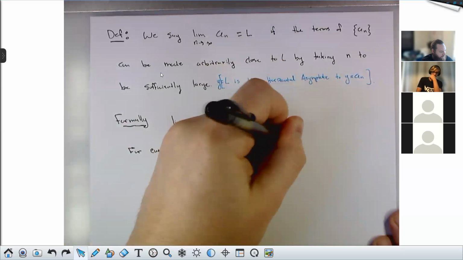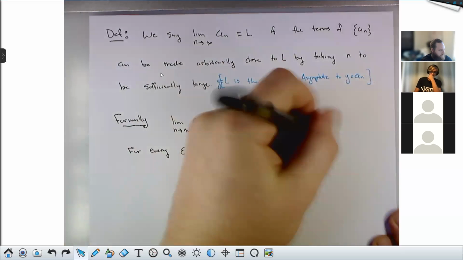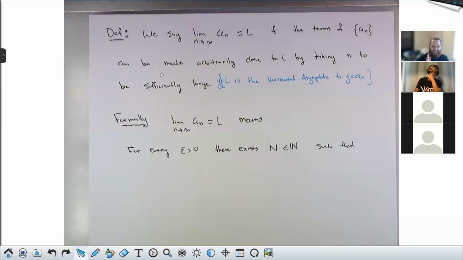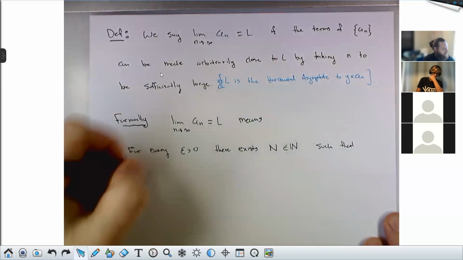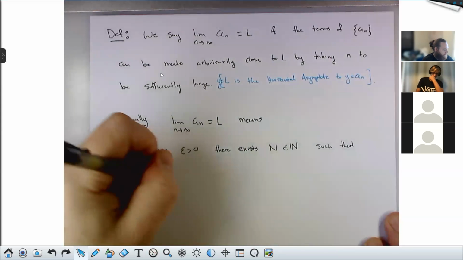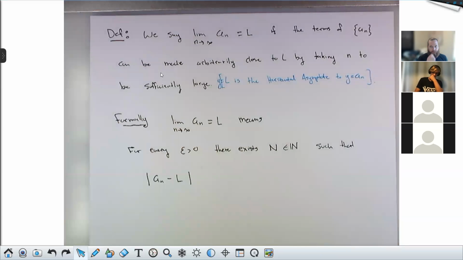Let's say N is a natural number such that the distance from a_n to L will be less than epsilon, right? You'll be that close, the a_n's will be that close to L, as long as little n is bigger than big N. So the distance from the nth term a_n to the limit L, that's the absolute value of a_n minus L, right?